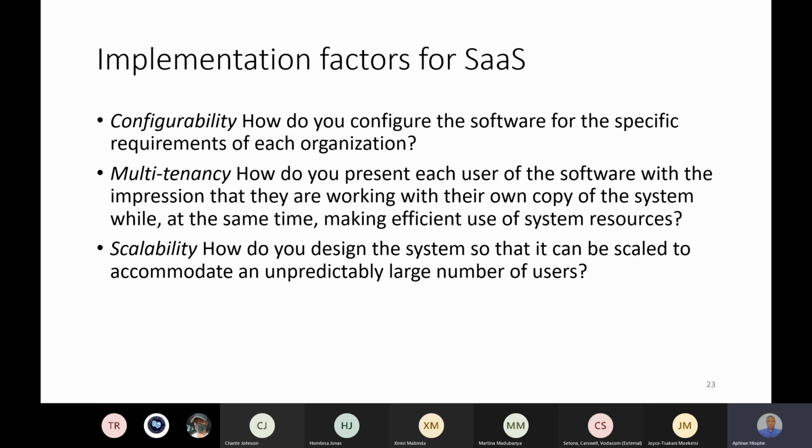Configurability: if you need something that you're going to configure a lot, then software as a service is not really for you. I tend to use the example of living in a sectional title versus buying a standalone house.